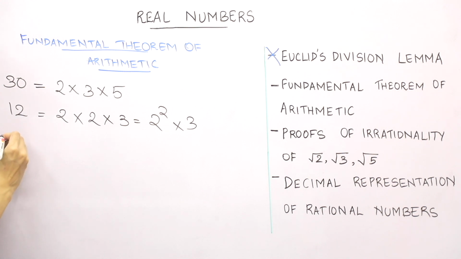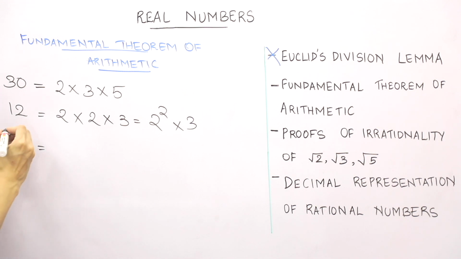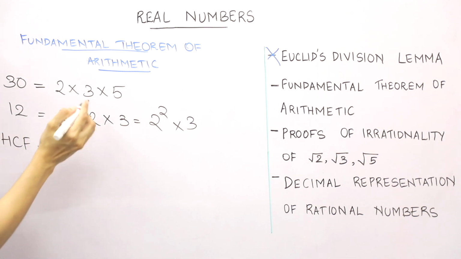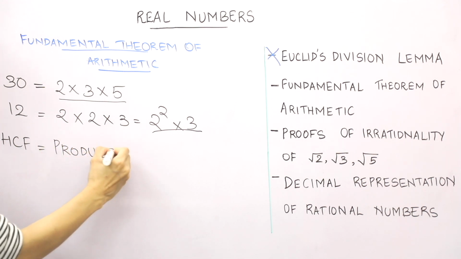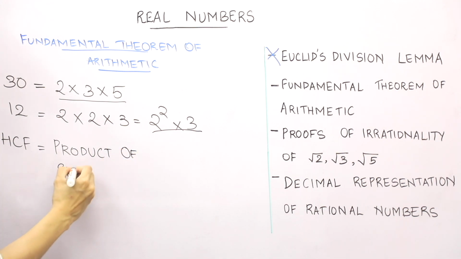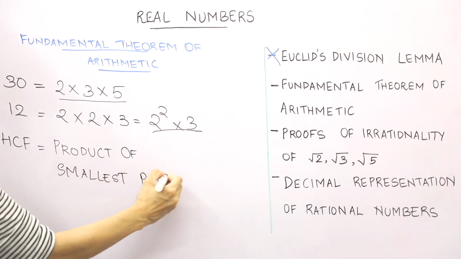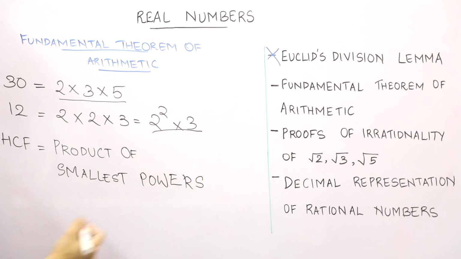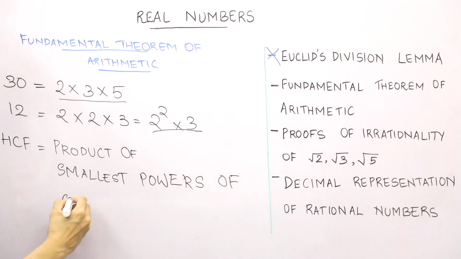Now, to find the HCF or the highest common factor, what we need to see is, consider the product of primes, and based on which you choose the product of smallest powers of common factors.